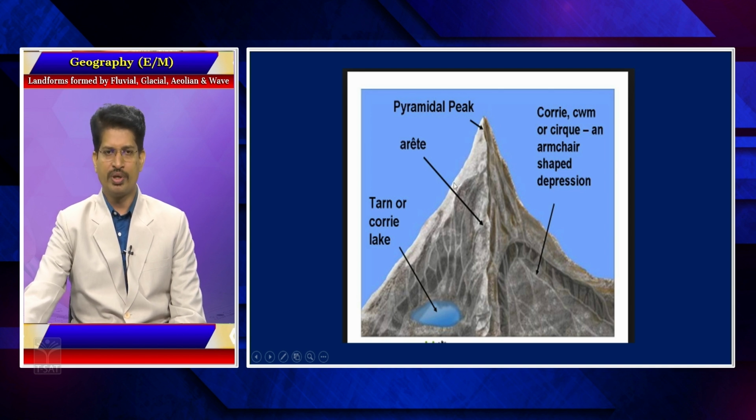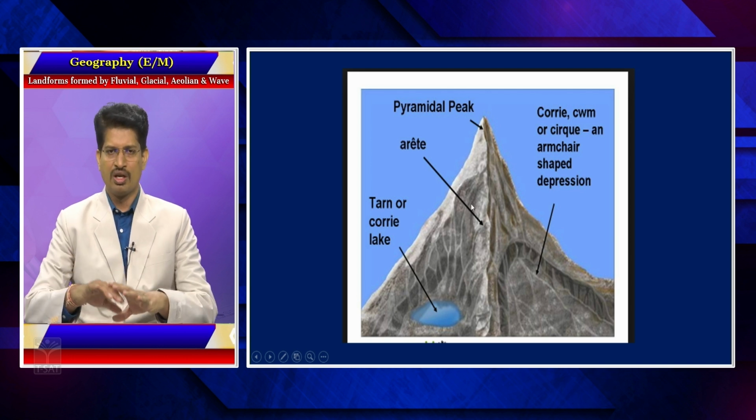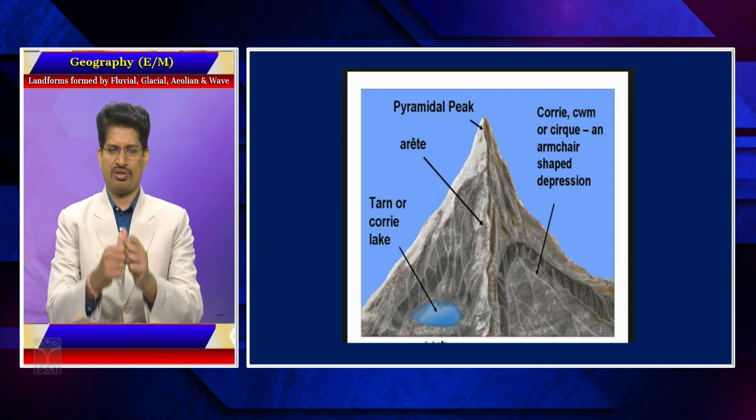And because of the slope gradient, the glacier, being subjected to gravity, starts sliding. Because of this sliding, the glacier picks up the material of the slope of the mountain, subjecting it to weathering and erosion, leading to carving of a U-shaped mountain into peaks.